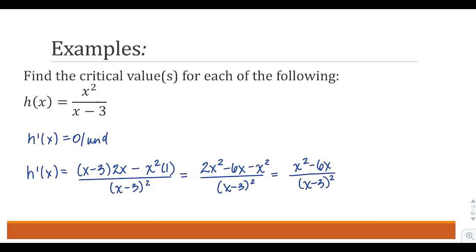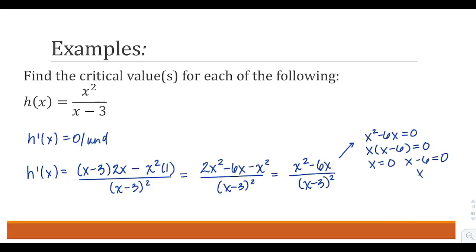So I'm interested in where this is equal to 0 or undefined. So my rational function would be equal to 0 if the numerator was equal to 0. So here I'm going to go ahead and split it up. So x squared minus 6x equals 0. I can factor out an x. So I have x equals 0 and x minus 6 equals 0.